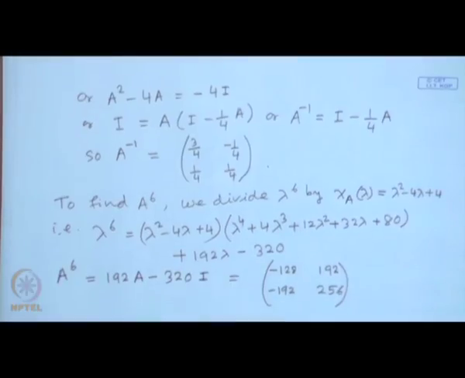This is how we have computed the sixth power of matrix A. In this way we can use the Cayley-Hamilton theorem to find higher powers of matrices and also inverses of matrices, and it has lots of applications. So, we stop this lecture here, and that is all. Thank you.